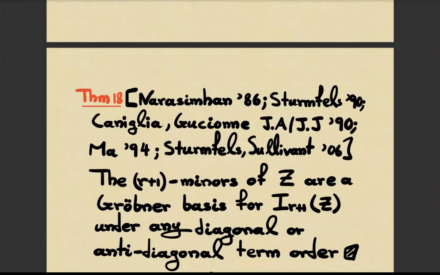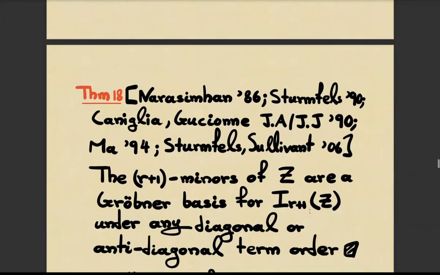It says the following: the r+1 minors of Z are a Groebner basis for the ideal of r+1 minors under any diagonal or anti-diagonal term order. In particular, from this we can get knowledge of what the initial ideal is, and so on. I will not go into too much detail.